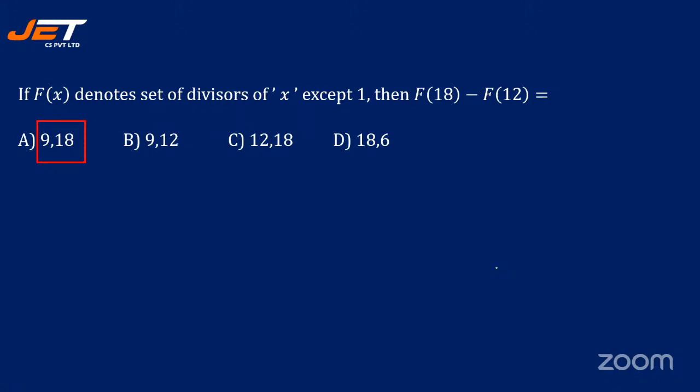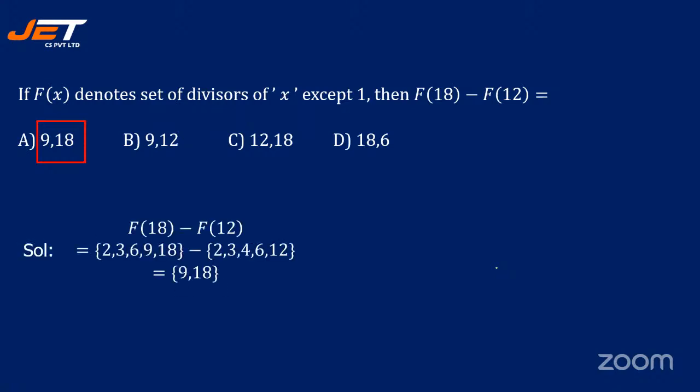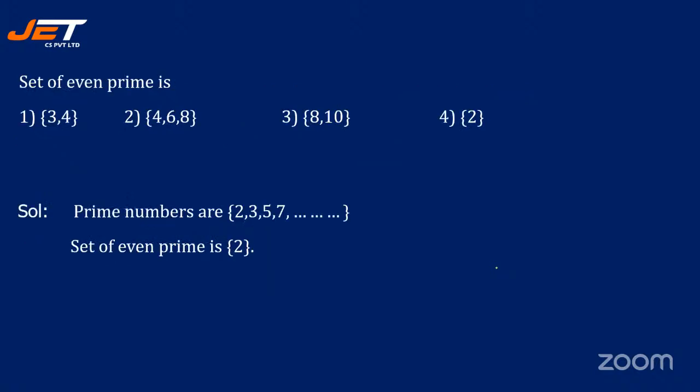It is 9, 18. Alright, because for f of 18 minus f of 12, here we have 2, 3, 6, 9, 18. And here we have 2, 3, 4, 6, 12. So it is like A minus B. Okay, so what is remaining is 9, 18.